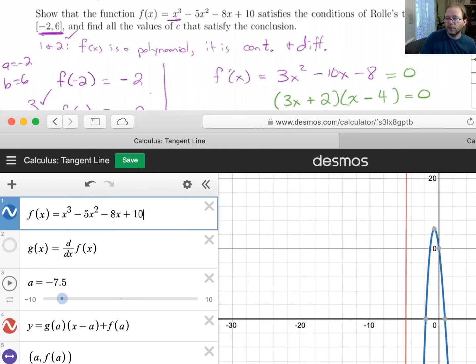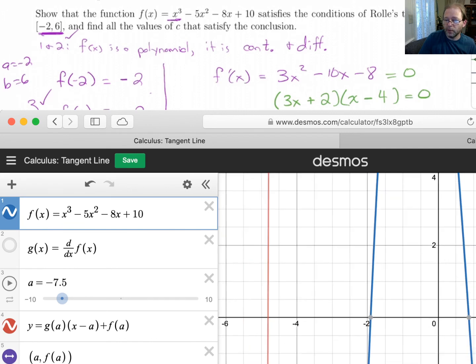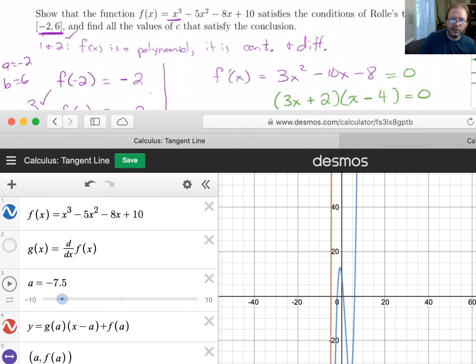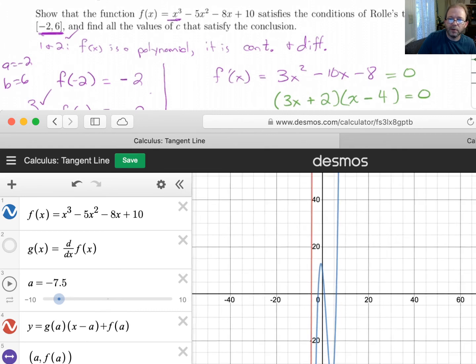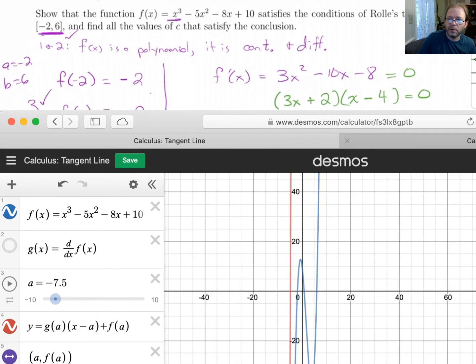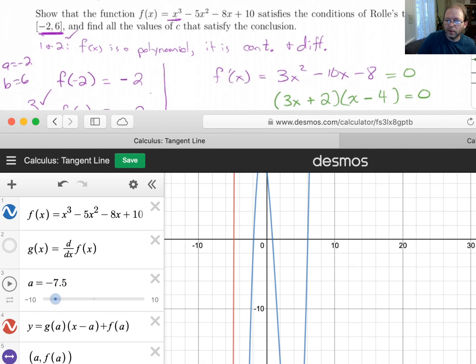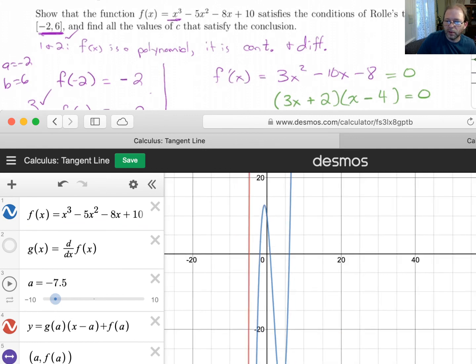Let's zoom in and plot a couple of points here.